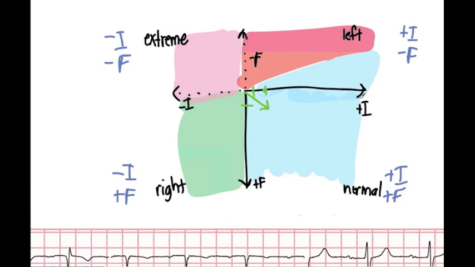How do you tell where you are? Well, luckily, this little divider line is perpendicular to lead 2. So if that's positive 2, then we know that that's negative 2.